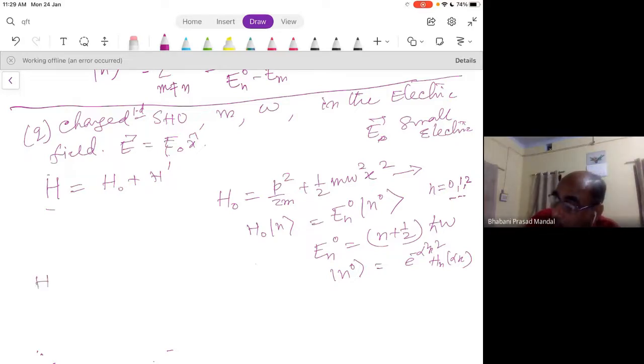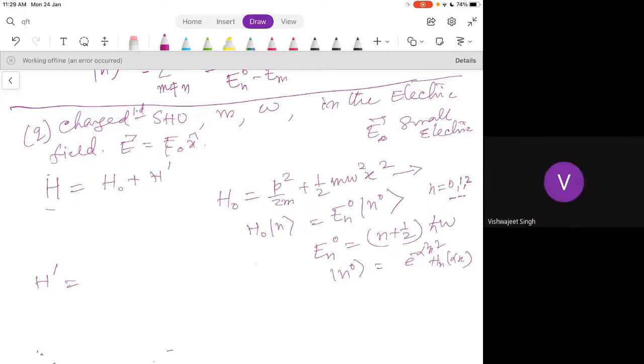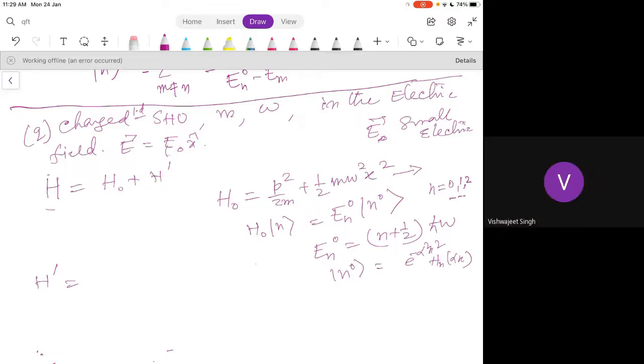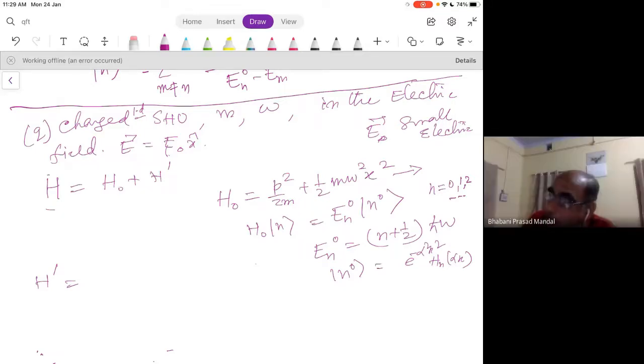Good. Now tell me, somebody else, what will be my H prime? If there is a charged particle in the electric field, what will be the Hamiltonian? Anybody from BHU students? Sir, one more term will be added. Yes, that is fine, that is q into electric field into x. How do you know that?